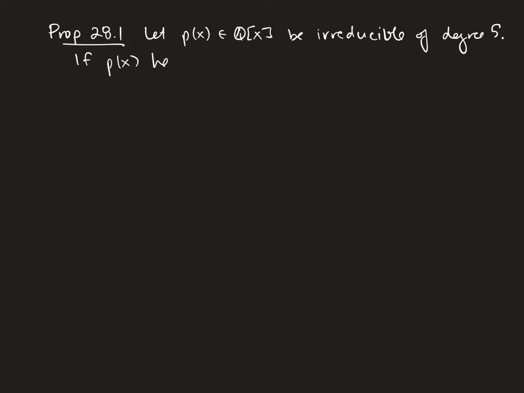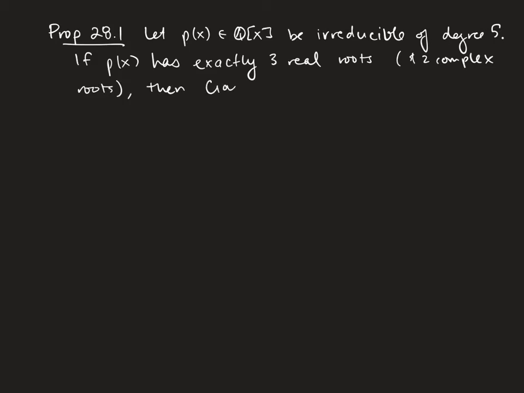It says that if we take p of x in Q[x] to be an irreducible polynomial of degree 5, if p of x has exactly 3 real roots, meaning 3 real roots and 2 complex roots, then the Galois group of Q adjoin the roots of p of x over Q is isomorphic to S5.